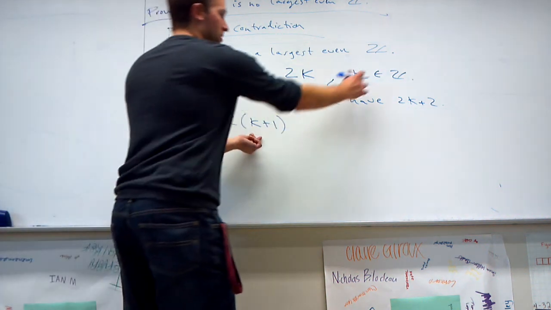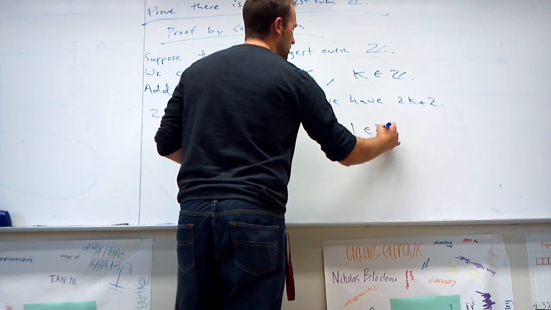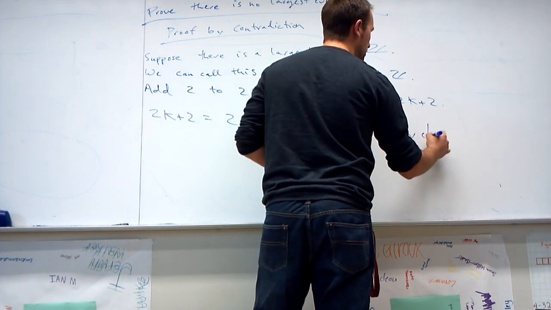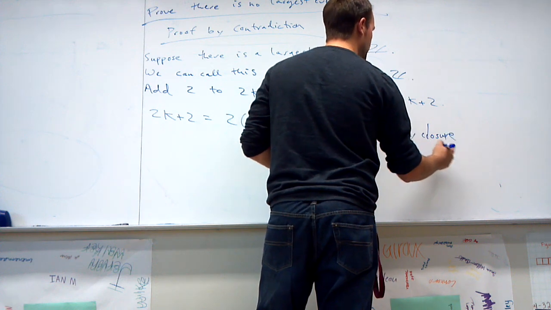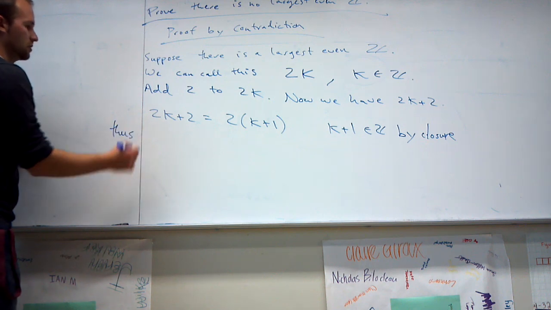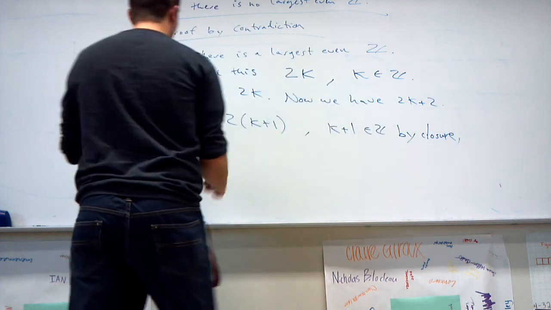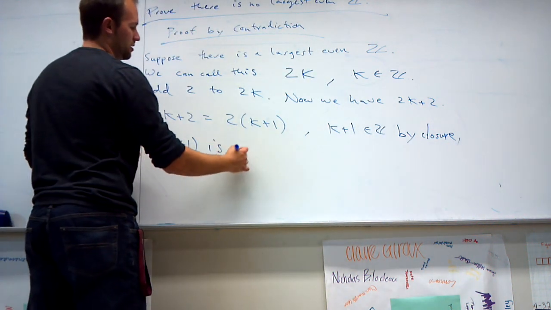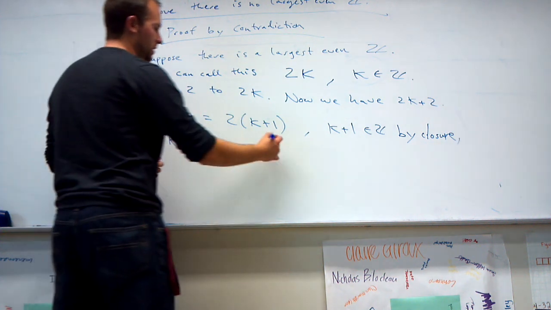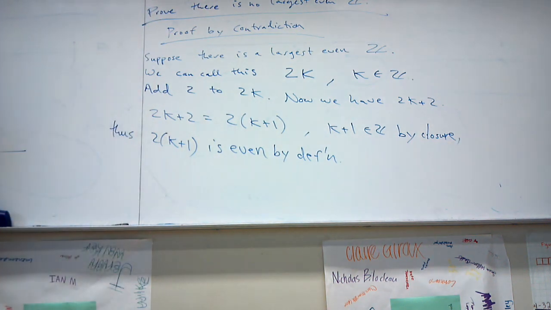We know that k is an integer, so k plus 1 is an integer by your favorite thing, closure. Thus, 2 times k plus 1 is even by definition.